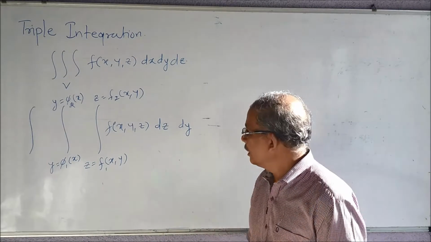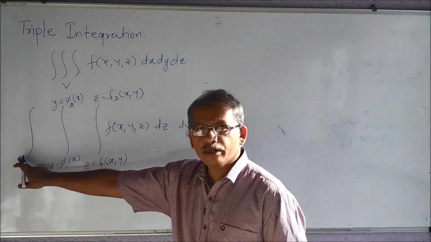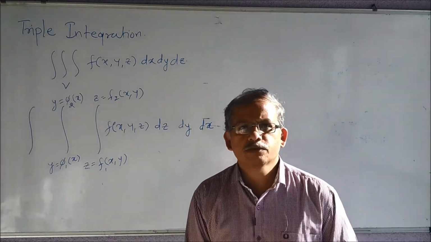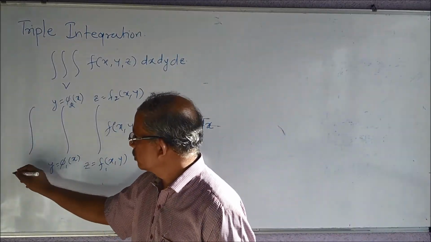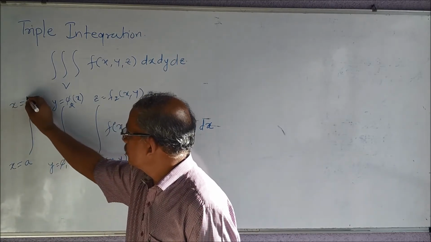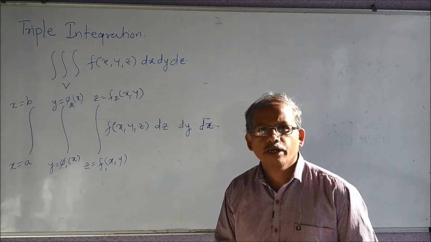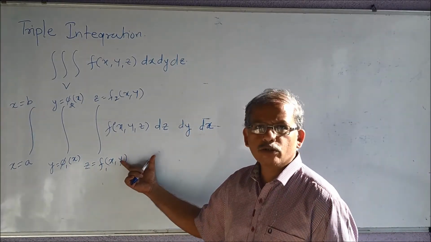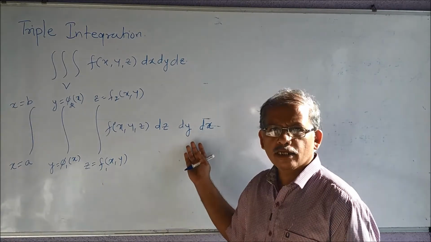And finally, the outer integration we will evaluate with respect to x. So this is a constant one: x equal to some a to x equal to some b. So we fix the order: inner integration with respect to z, then y, and then x.